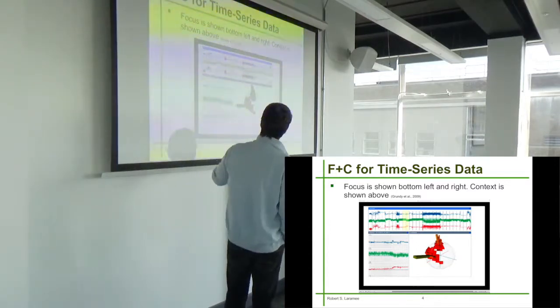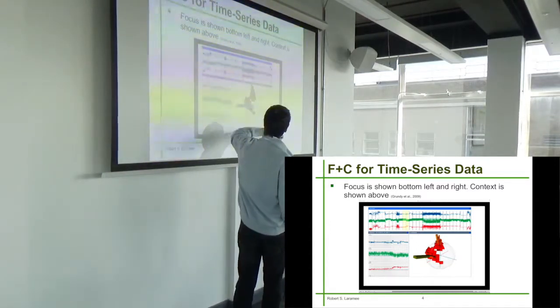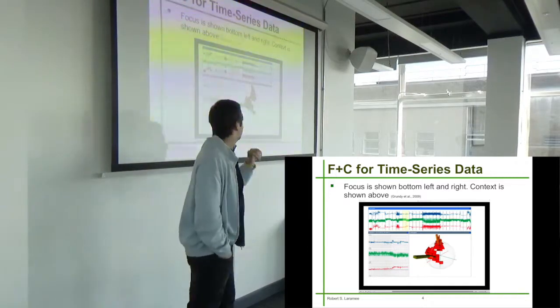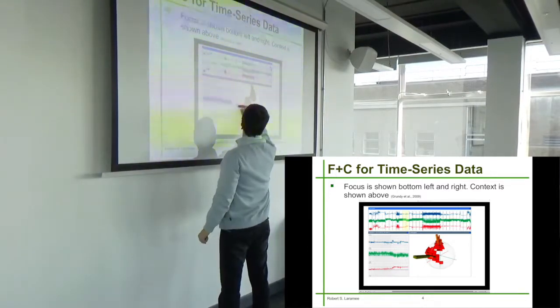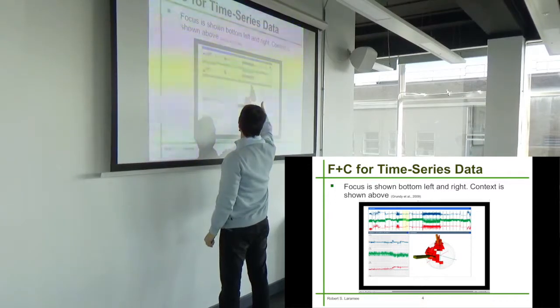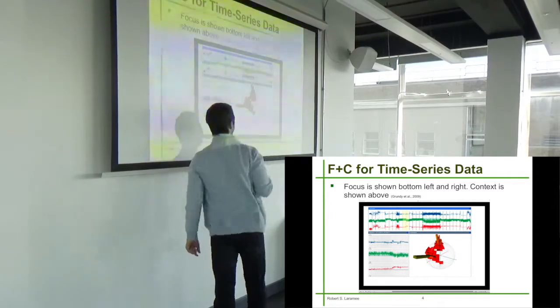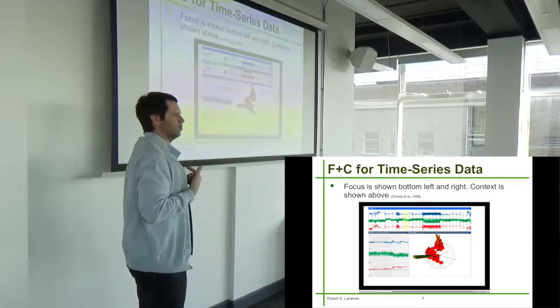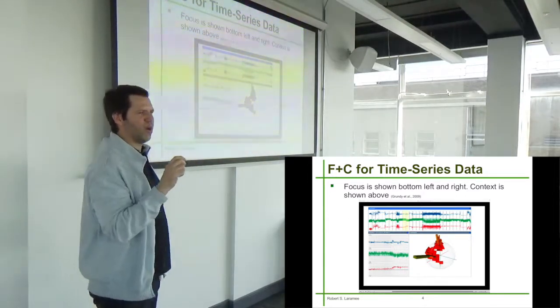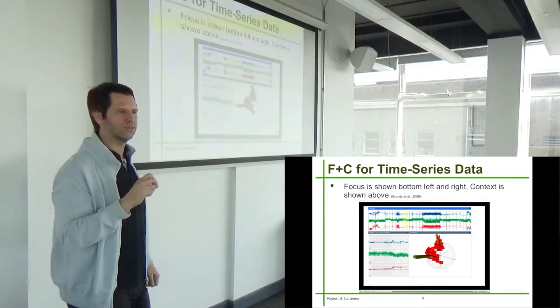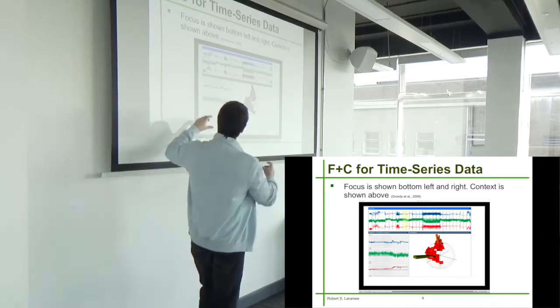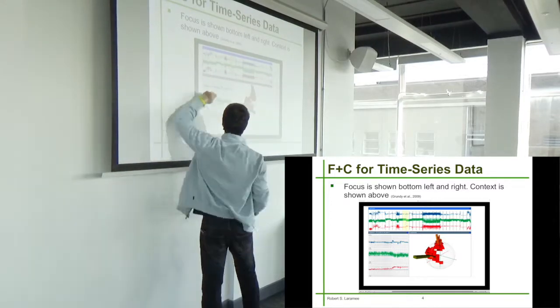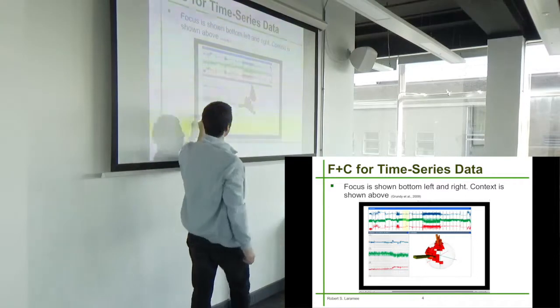Those vectors are plotted on a spherical histogram. There are lots of accelerometer data samples pointing in this direction in the spherical histogram. That's also part of the focus. So this is the context, and these two are the focus.